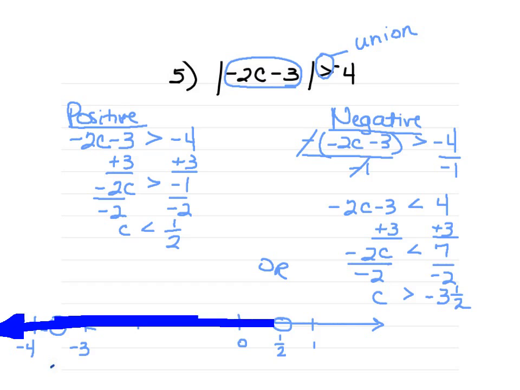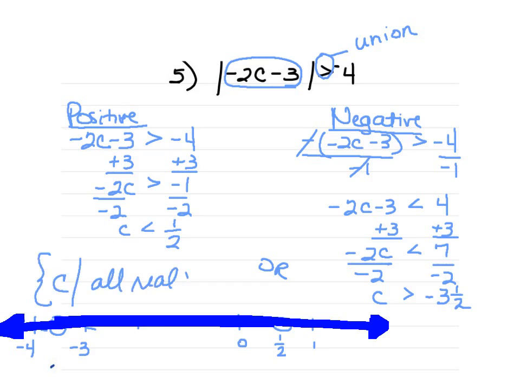We would go this way. And if you look, you'll see that every single number on my number line is shaded. Therefore, my solution would look like this. All values for C, where C is all real numbers. All real numbers. Okay?